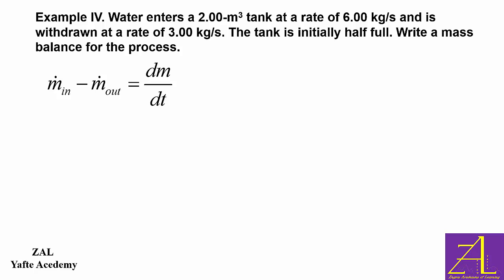In example 4, we have accumulation since the system has different input and output flow rates. If we apply the differential balance, we will have 3 kg per second of input minus 6 kg per second of output equals dm dt.